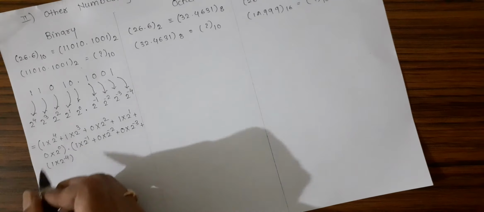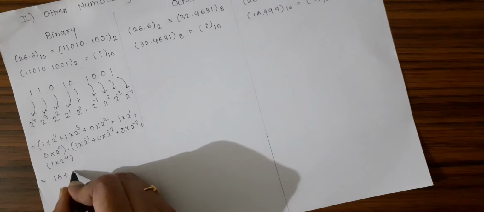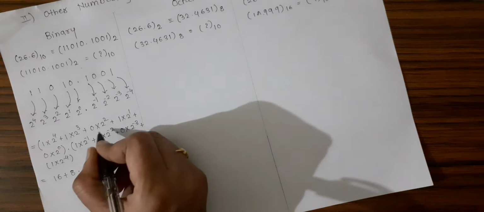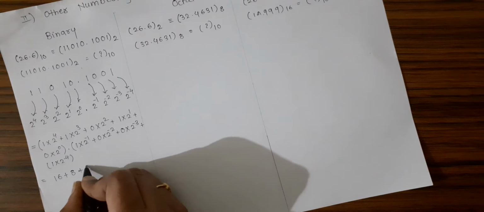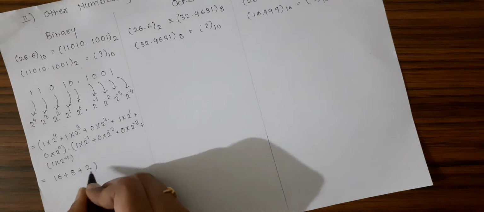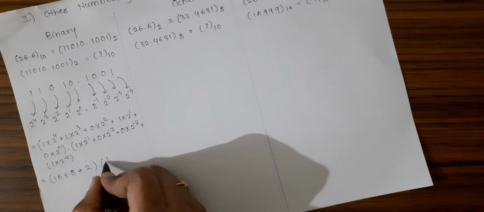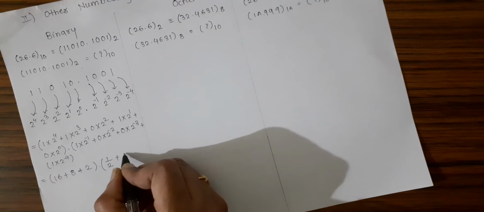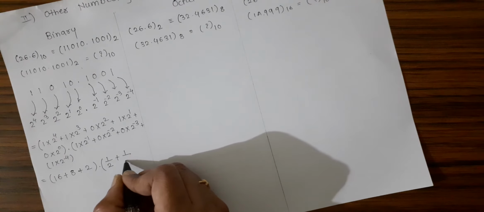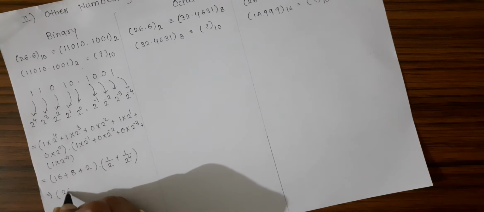Now 1 into 2 raised to 4 is 16. 16 plus 2 raised to 3 is 8. 0 into anything is 0. 2 raised to 1 is 2. Dot, this could be written as 1 by 2 plus 1 by 2 raised to 4, which is the equivalent of 26 point.